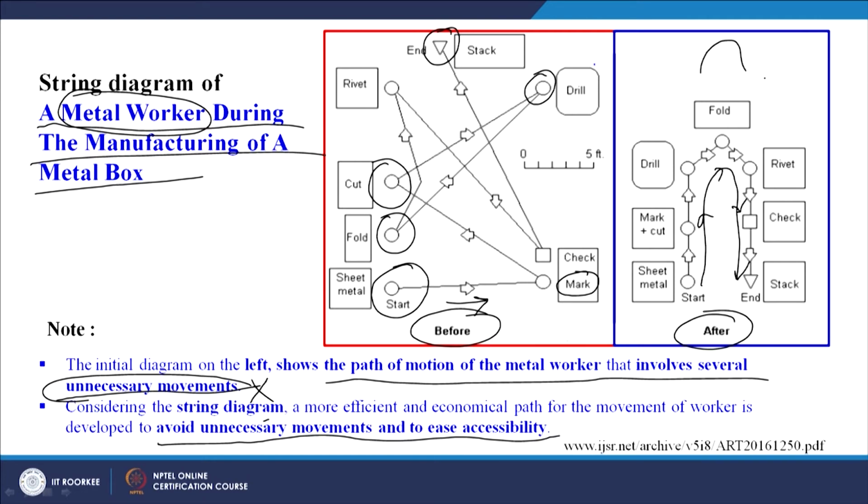So, this one is much more, you can say, efficient and effective as well as productive method of doing the job of manufacturing a metal box, whereas on this side it is a cumbersome method, the unnecessary movement in the shop floor of the worker.